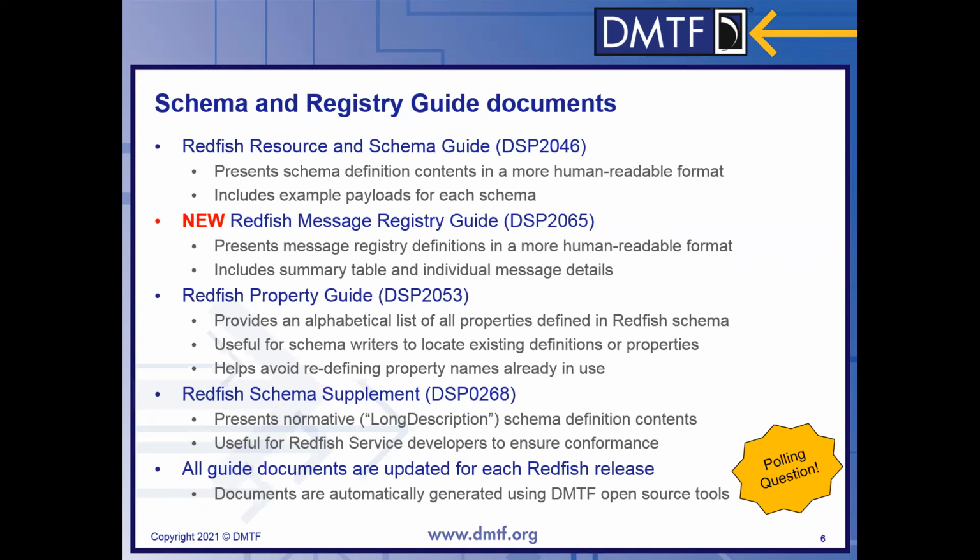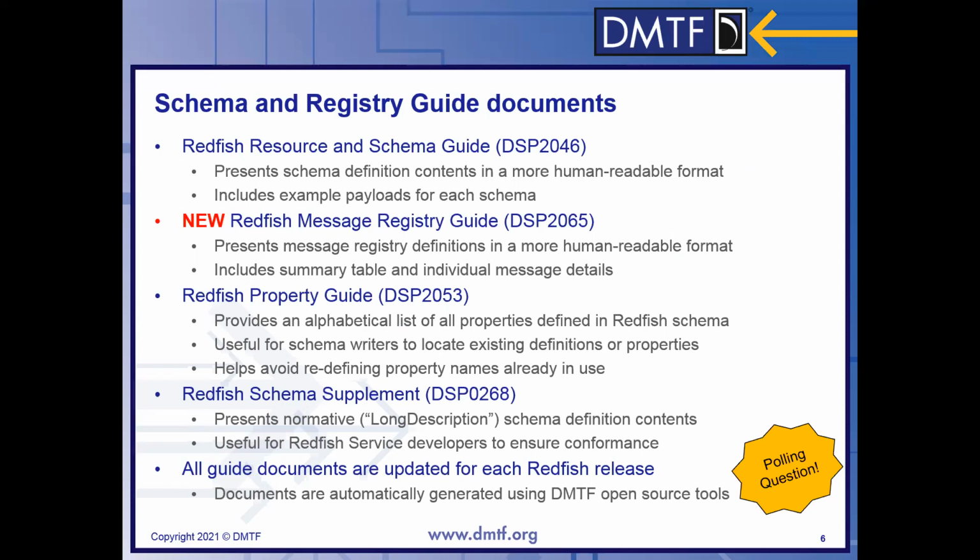That document is now a human readable guide version of every message registry published by the DMTF. It provides both a table summary form, a quick reference for looking up and finding messages, and then a breakout version of the individual messages, so you can see all of the parameters and how to implement or decode them.